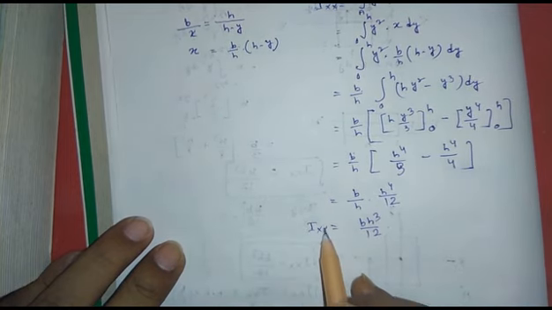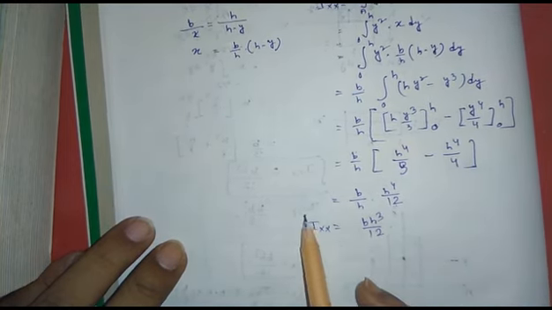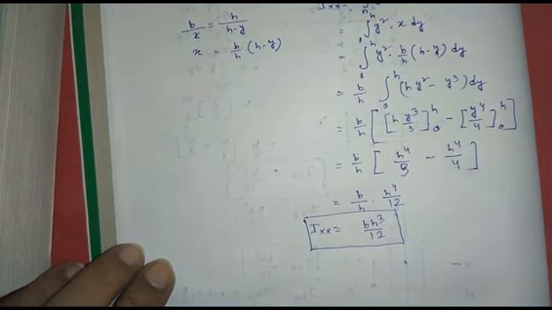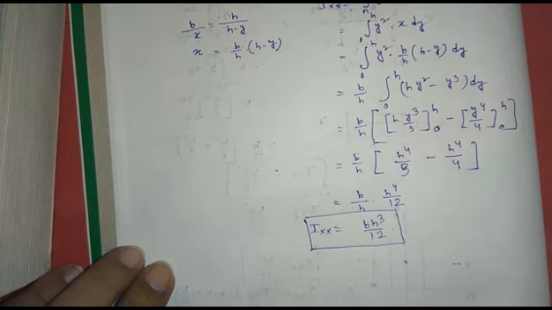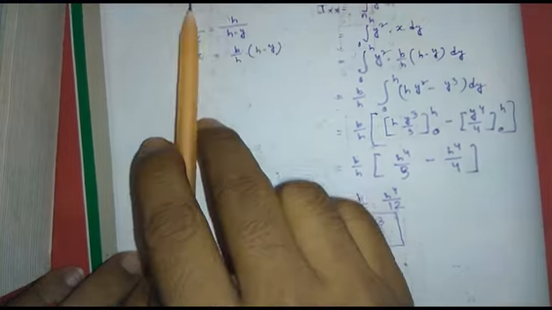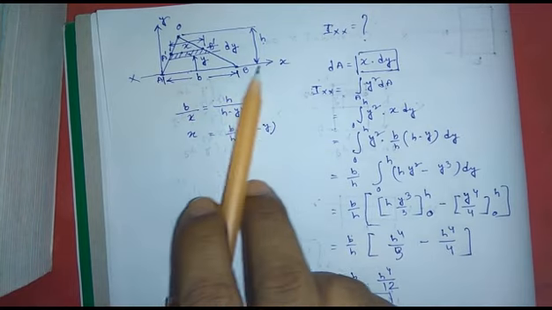So this is the moment of inertia of a triangle about the axis which is passing through its base, that is this x-axis.